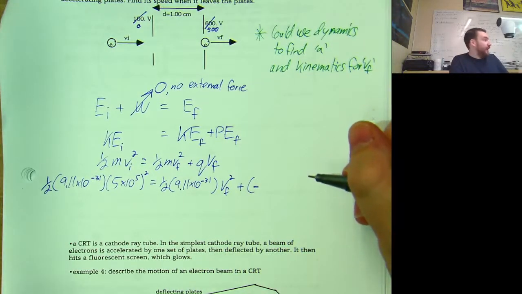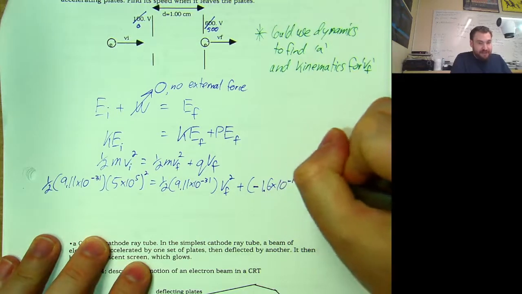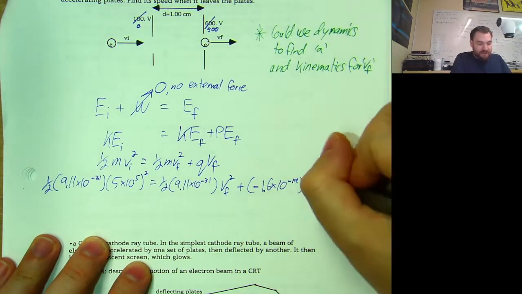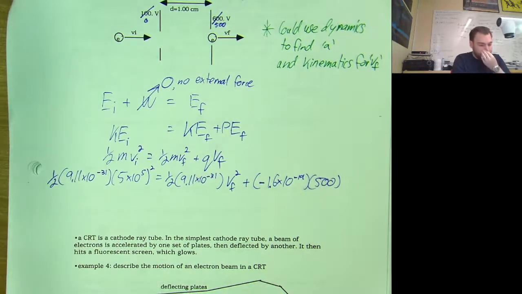It's an electron, and we're dealing with energy, so it's negative 1.6 times 10 to the negative 19 times 500 volts. So what's VF?